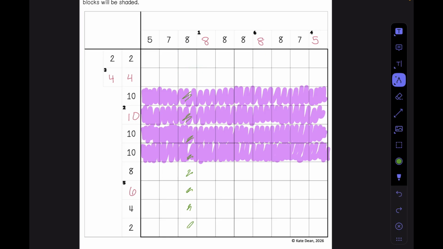So if we started here with 1, 2, we know 3, 4, 5, 6 are going to be colored in, and then we have this one, 7, 8. If instead we started here, we've got 2, 3, 4, 5, 6, 7, and then this one filled in as 8.